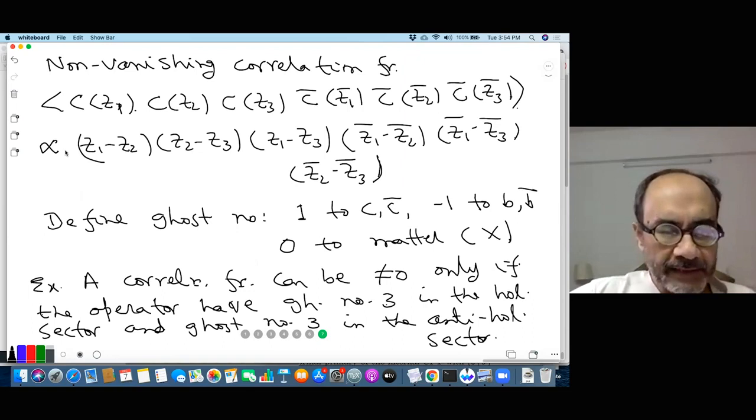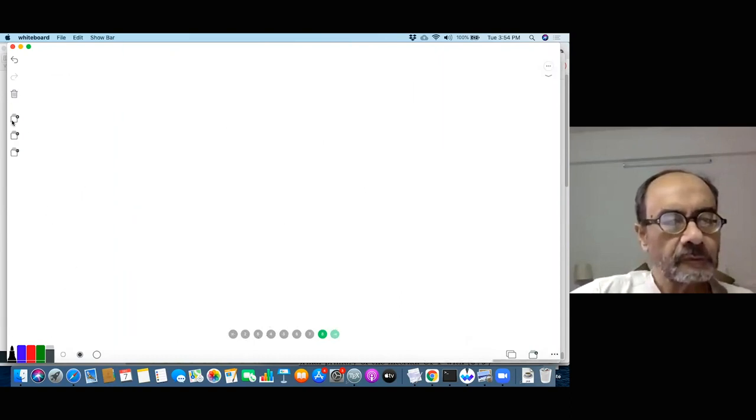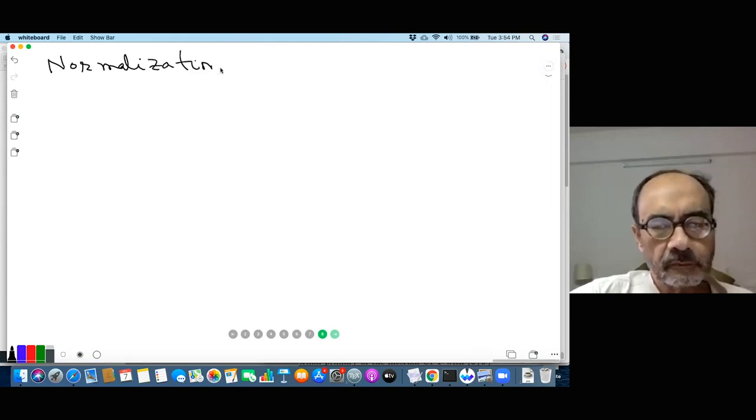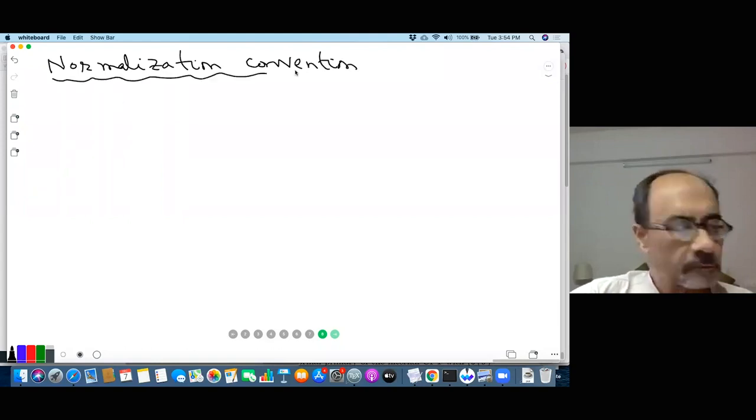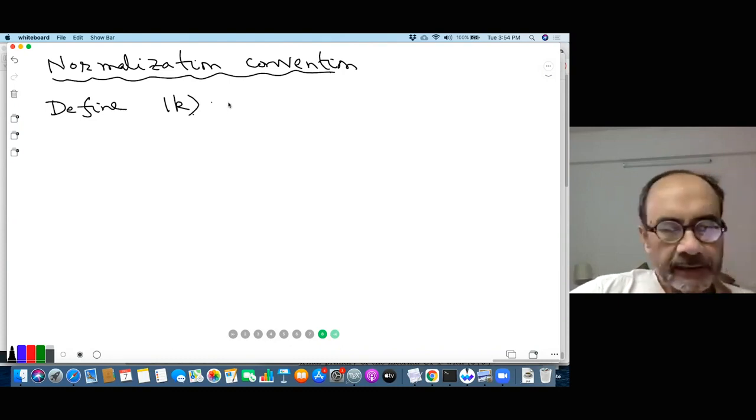Okay, so this normalization is a matter of convention that depends on how you normalize the vacuum. And now let me say how we are going to normalize the vacuum. So we define first, I think this we had already done last time, maybe, but let me do it again. This is e to the i k dot x of 0 on the vacuum.